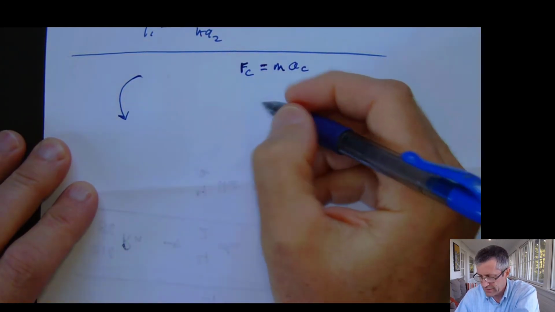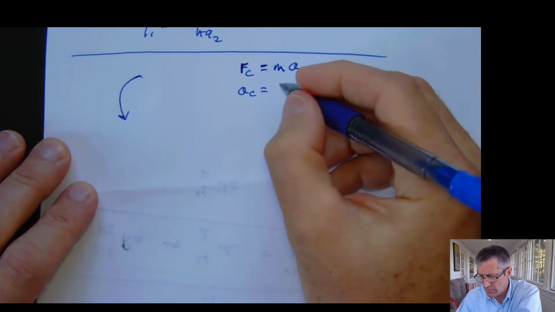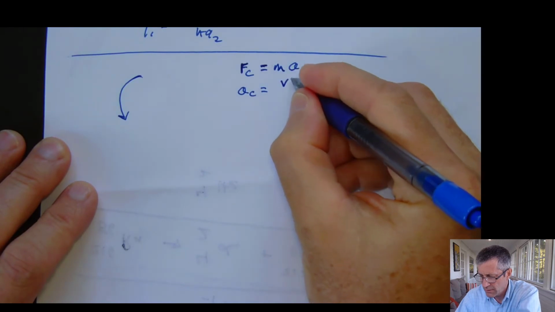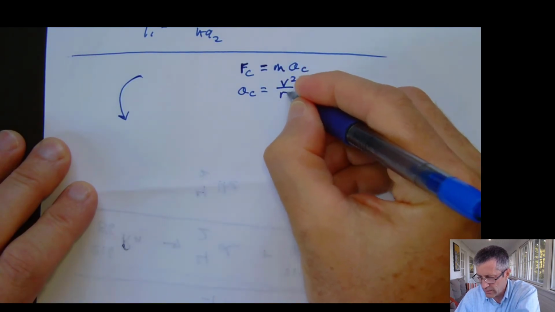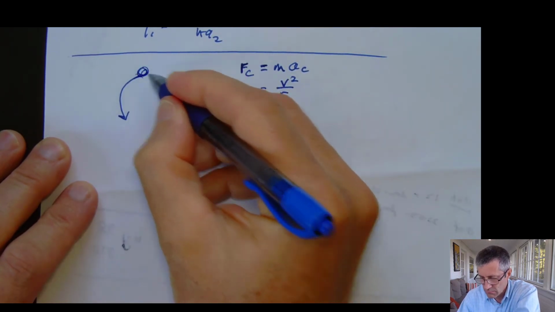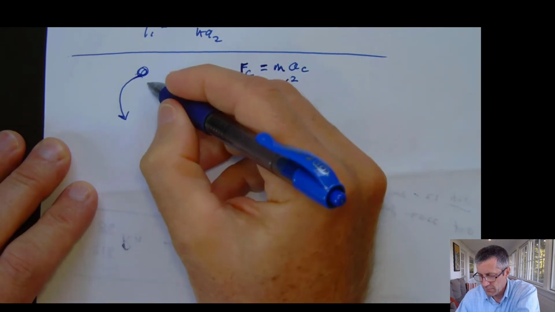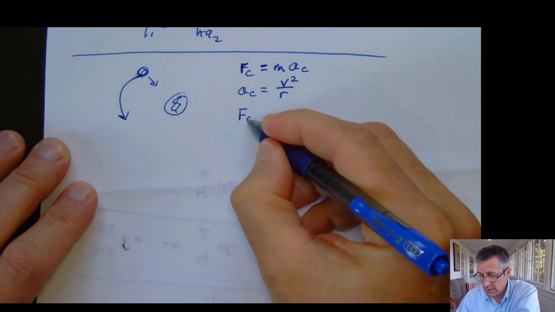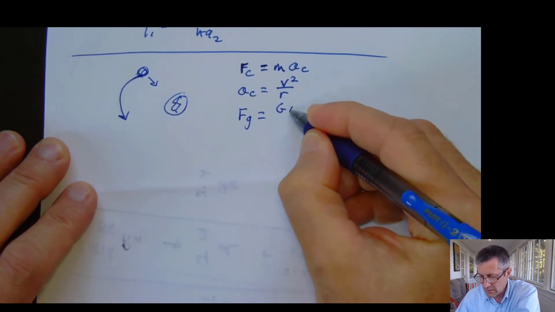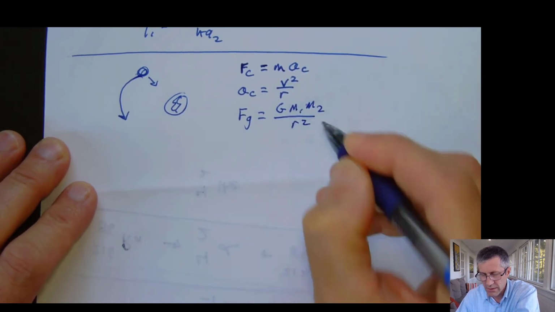If it's going in a circle at a constant speed, then centripetal acceleration will be my tangential velocity squared divided by the radius. And if these are planets, like the moon going around the Earth, there's the Earth, the force that's holding this together is actually gravitational force, which we describe as the product of the two masses divided by the radius squared.